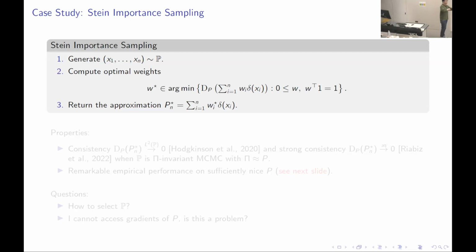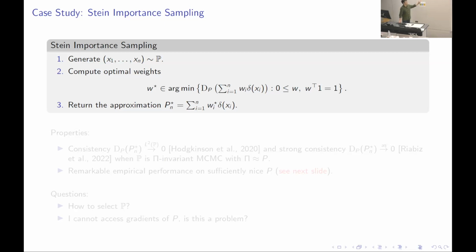So we're trying to optimally reweight a whole bunch of particles from some proposal distribution to minimize the Stein discrepancy. The output of the algorithm is just a weighted set of points. So this is Stein importance sampling.